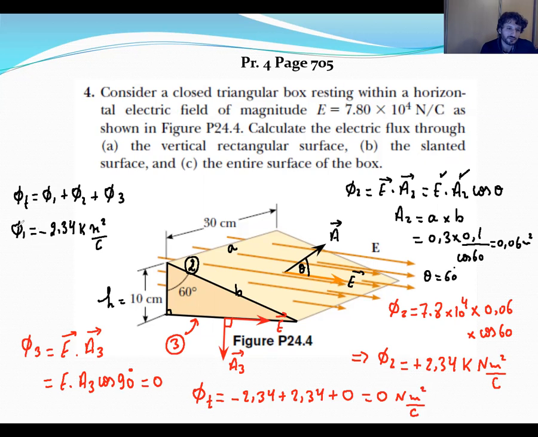Phi 1, you have to add the unit Newton meter square per Coulomb.